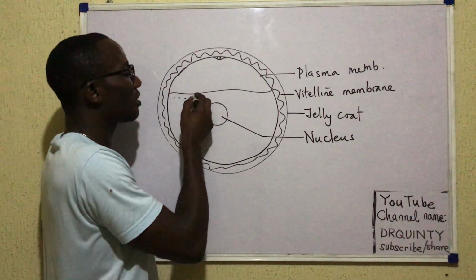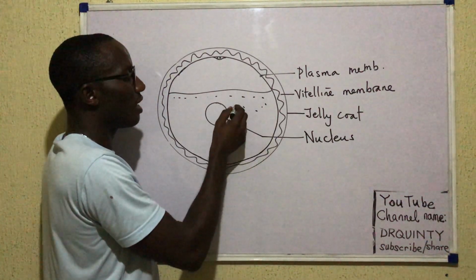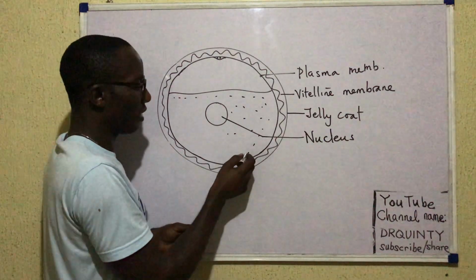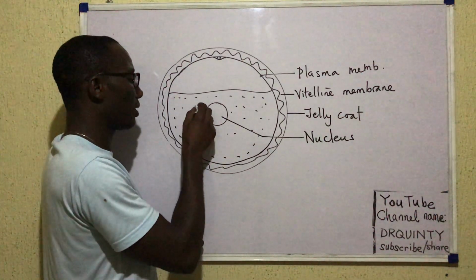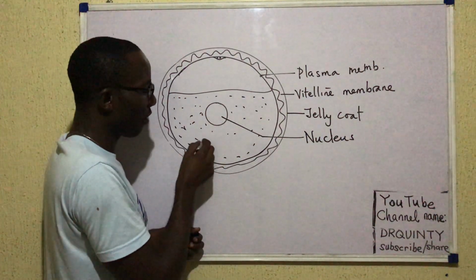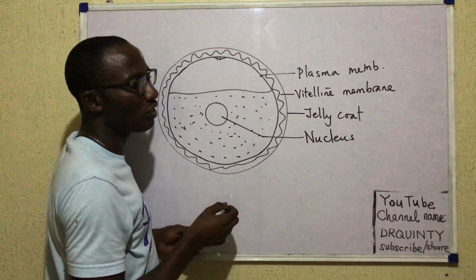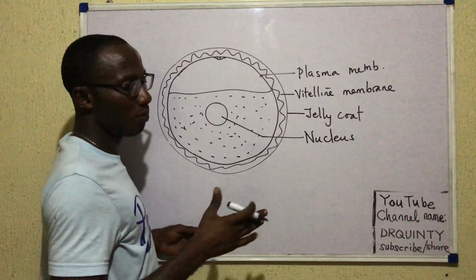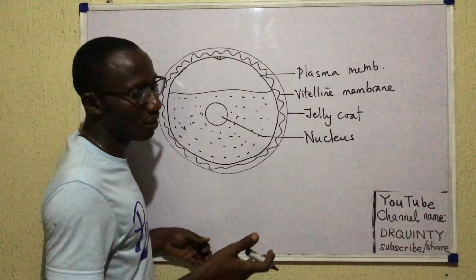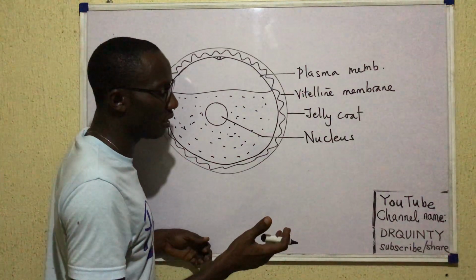And then the cytoplasm is clearly divided into two in this case. There's a part of the cytoplasm that has what we refer to as yolk. Yolk is a protein and lipid material. It has protein, it also has lipid in it.